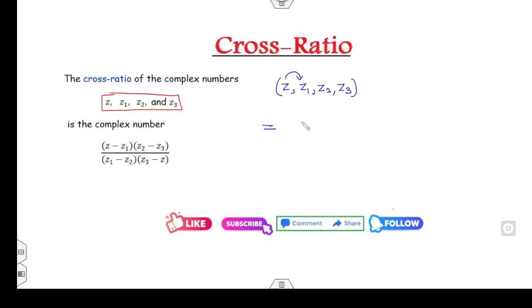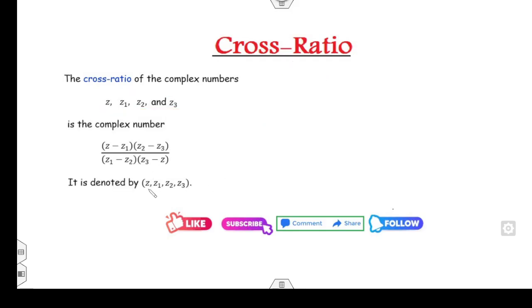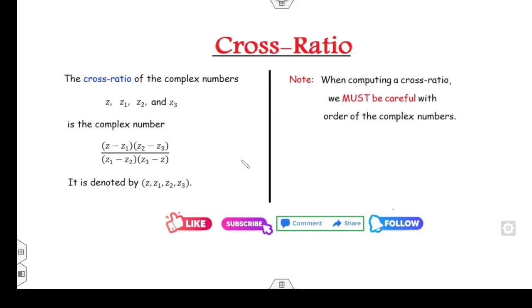You find z minus z1 divided by z1 minus z2, in this ordering: z minus z1, z1 minus z2, then z2 minus z3, and for the last, z3 minus z. This is the way you can define the cross ratio, and it is denoted by (z, z1, z2, z3). Make sure, students, the ordering is very important.